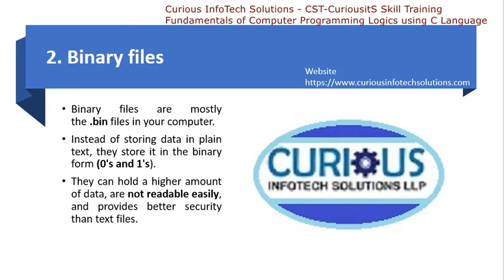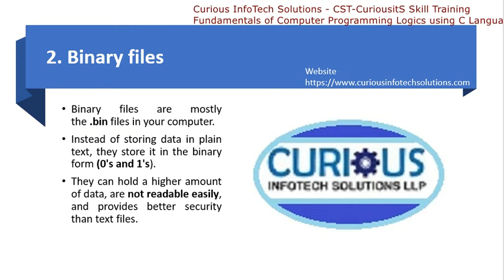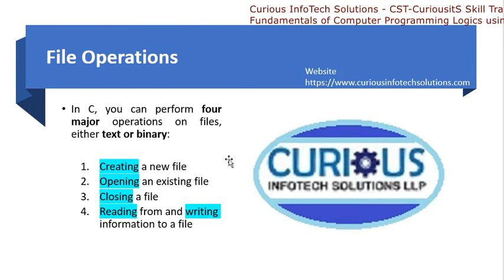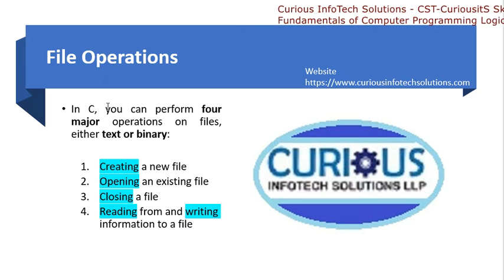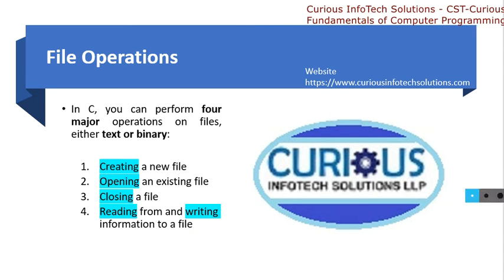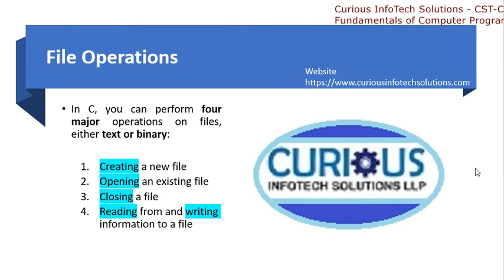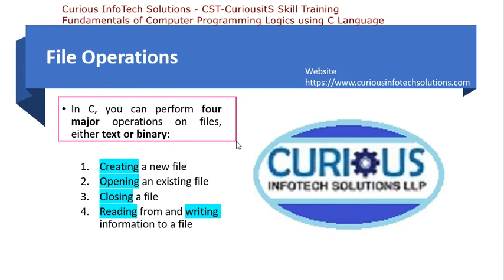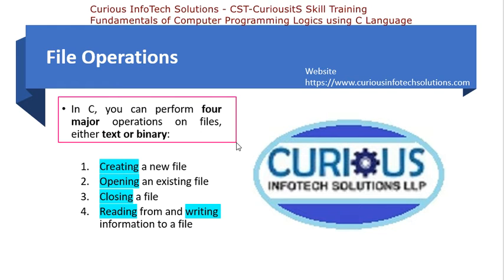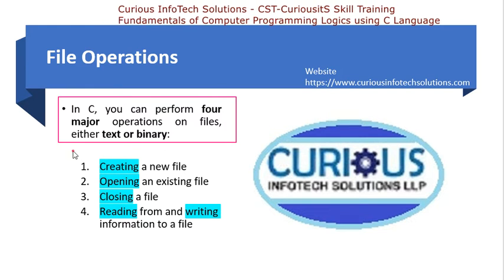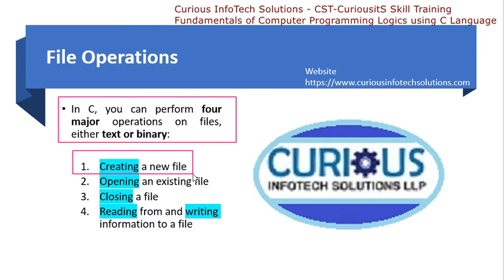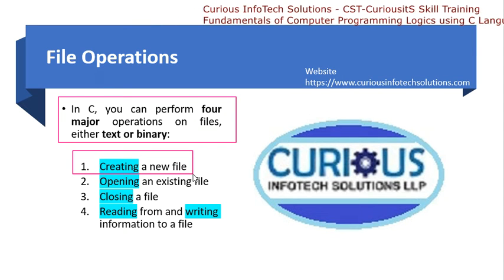Now in the next slide we will see the operations of file handling. So in a C program, you can perform 4 major operations on a file, either text or binary. The very first is creating a new file. This is the first operation.